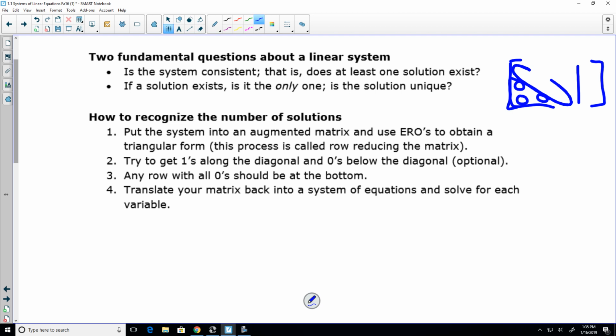So the main diagonal will be here. If you got 3 zeros here, you're going to have a unique solution. You're going to have one solution. So there will be a solution, there will only be one. And once you get there, you could back substitute and figure out what that solution is. So if you can get it into this triangular form, then you've got a unique solution system.